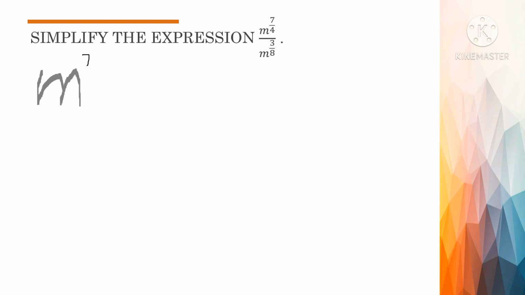So, una, we have 7 over 4 minus 3 over 8. Obviously, they have different denominators. So, kailangan hanapin natin ang LCD or least common denominator nila. So, for 4 and 8, ang LCD natin ay 8.